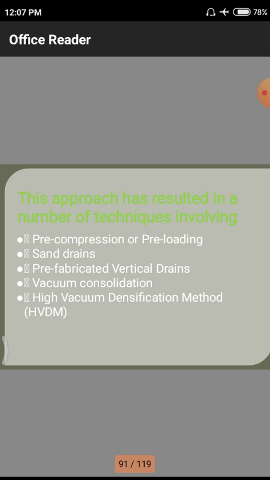This approach involves a number of techniques. That means what are the results we will obtain by implementing these methods on a particular soil strata. First one is the pre-compression or preloading. This is one of the methods we need to implement. Next one is the sand drains.